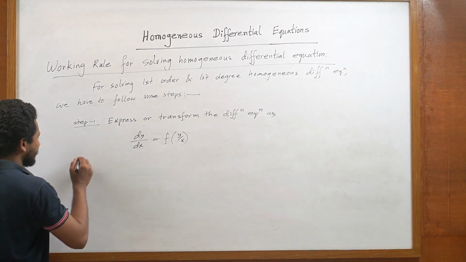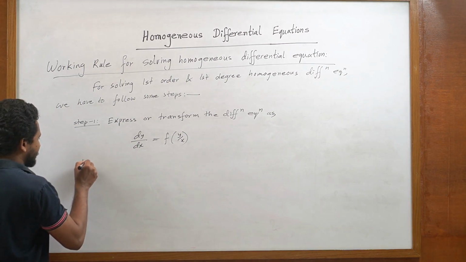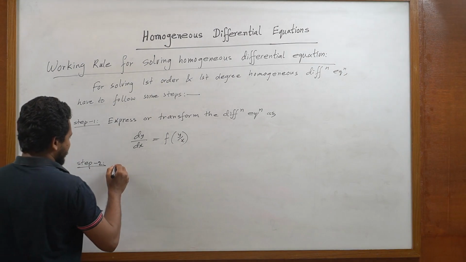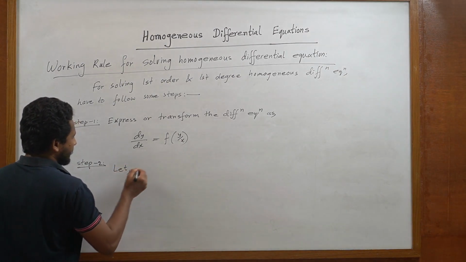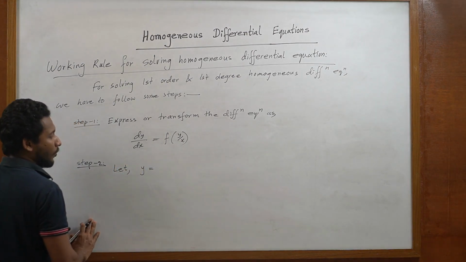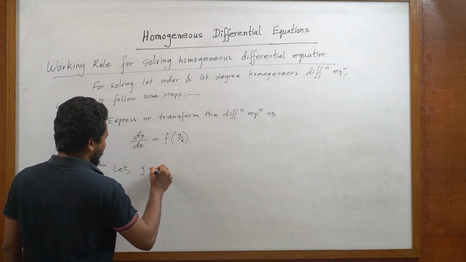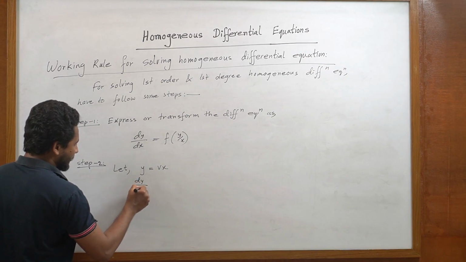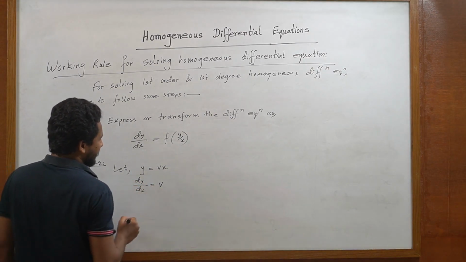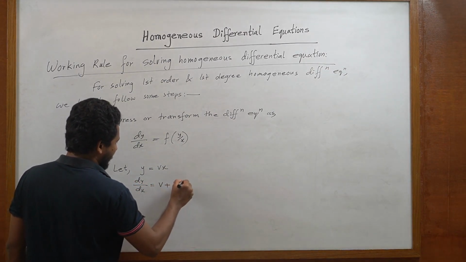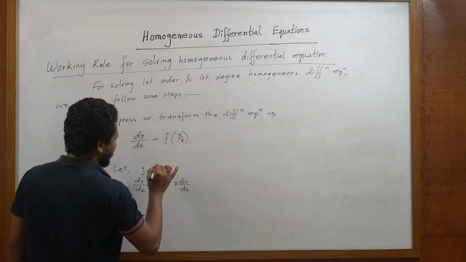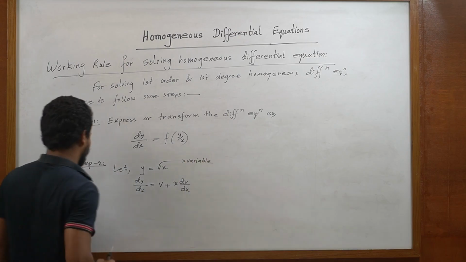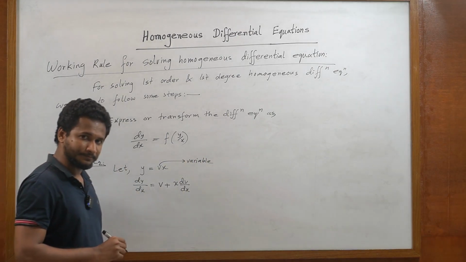Now step 2 will be, let's take y as vx. So dy/dx should be v plus x dv/dx. Here v is a variable.